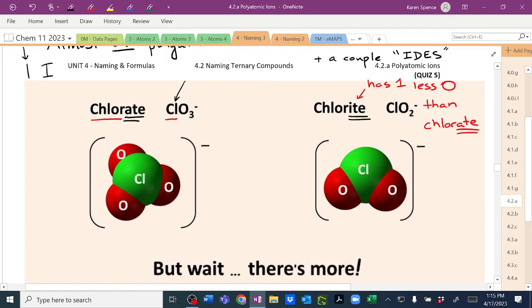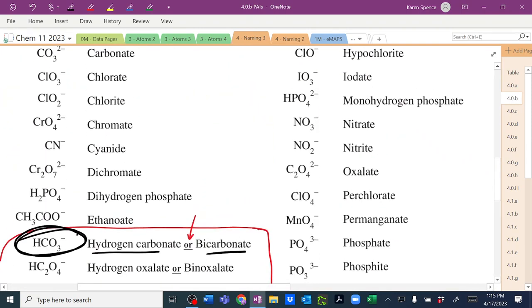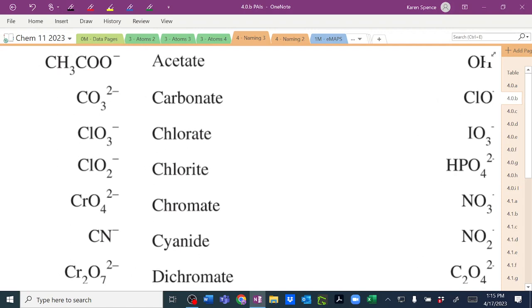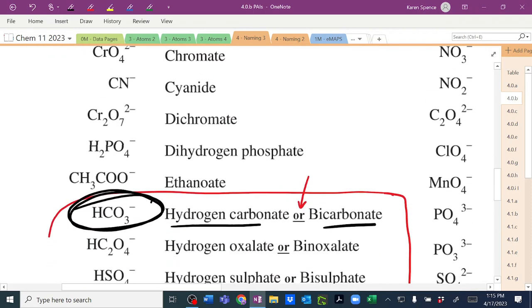And in fact, let's go to our table of polyatomic ions for a moment, and let's take a look. We have chlorate and chlorite. Can you find any other -ate/-ite pairs that are all identical except for the -ate and the -ite? Can you find any others?